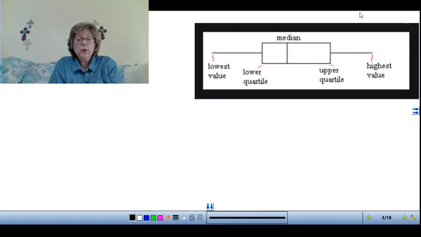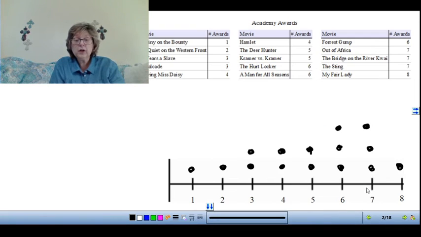Now, when we're talking about a box plot, if I have my data, I'm going to make sure the median number is right here in the middle. Over here, I count 1, 2, 3, 4, 5, 6, 7, 8, 9, 10, 11, 12, 13, 14, 15. I have 15 pieces of data.